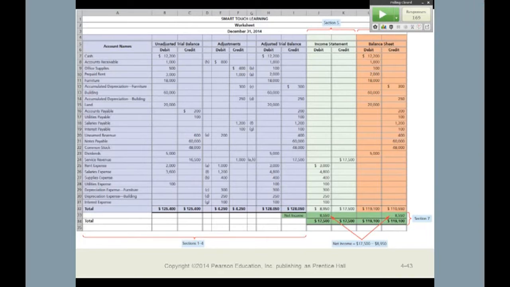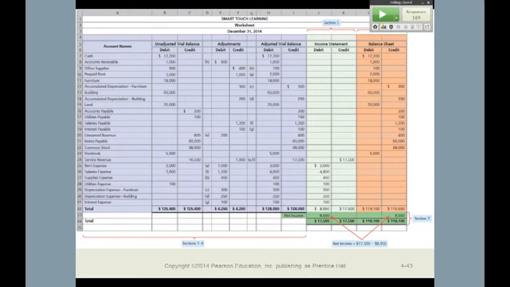After you move the adjustments through, and by the way, let me go back to this, because when you're looking at some of these items, for instance, the office supplies, if the office supplies were 500, and we used up 400, you would enter it in the worksheet, and then the adjusted trial balance would have a balance of 100.